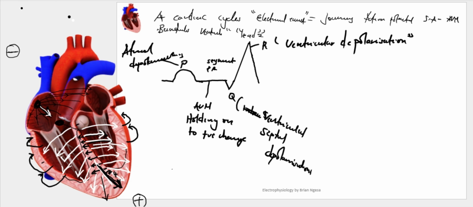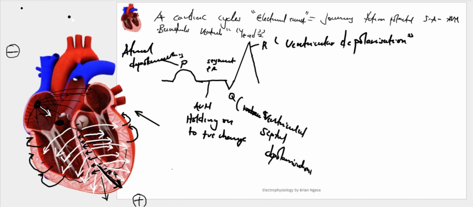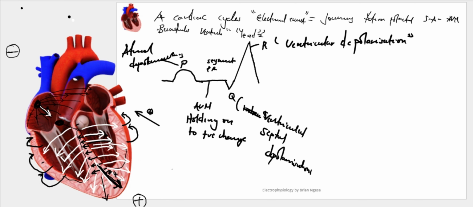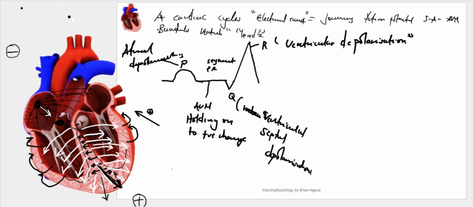So normally we'll have positive charges moving in the opposite direction. The vector movement is likely to be something like this. So positive moving away from positive in respect to this. Remember, our reference is the negative and the positive of lead 2.